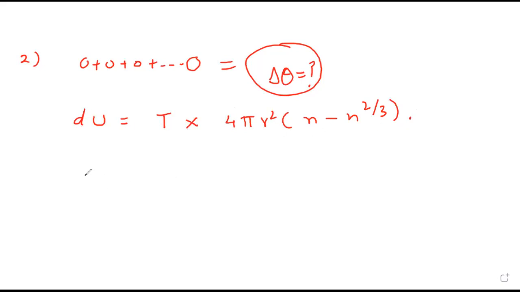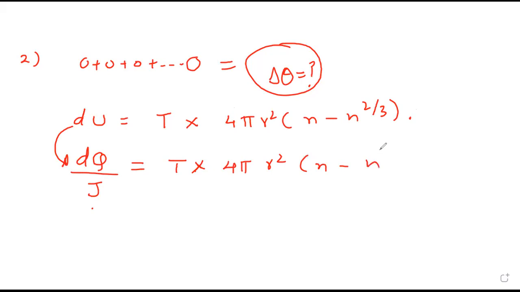This will be in joule. Heat dQ is in calorie. Divide by J. So this energy is converted into heat energy. I divided by J to convert into the unit of heat, that is calorie. So both sides divided by J.